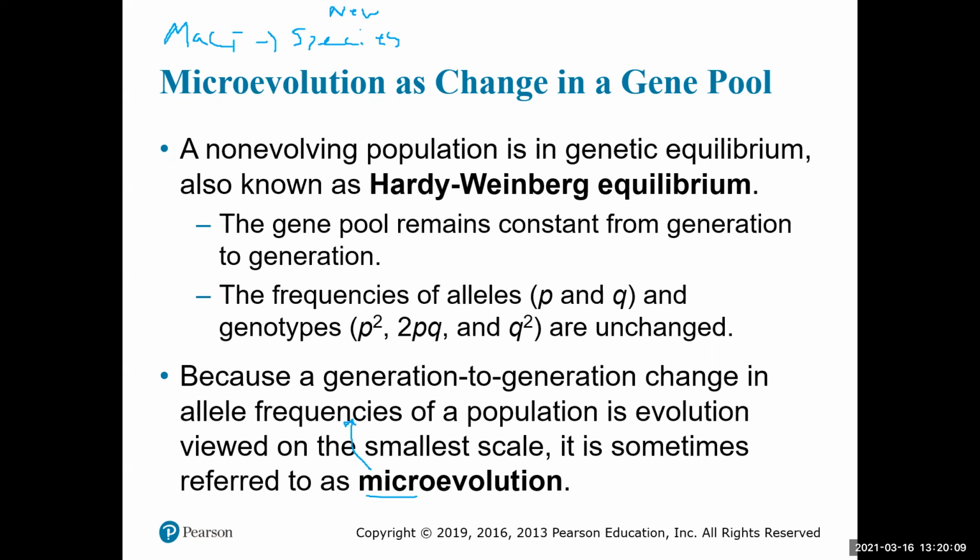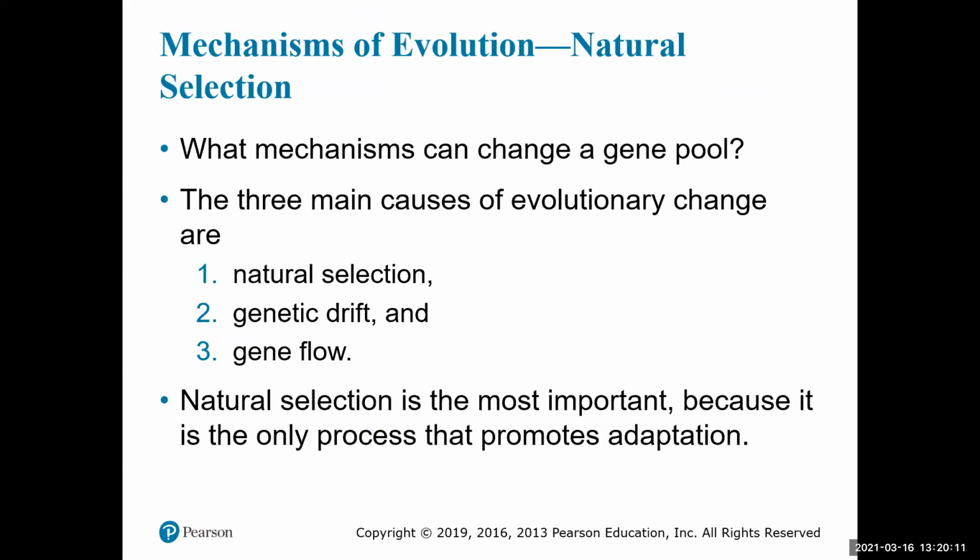Okay. And so the way that these allele frequencies can change is through three primary methods: natural selection, genetic drift, and gene flow. Natural selection we classify as one of the most important of these processes because it's the only process that really promotes adaptation.